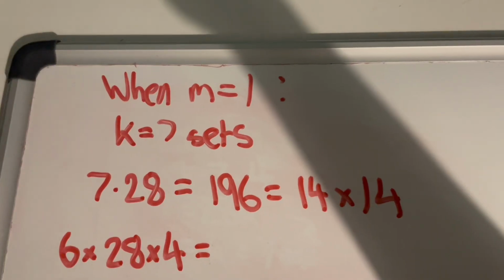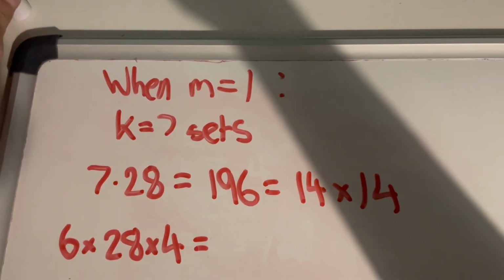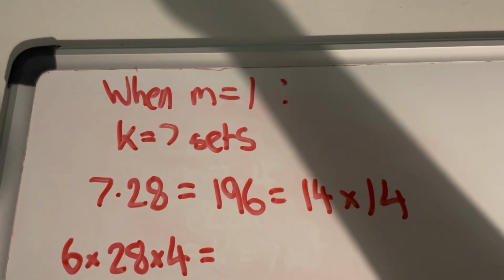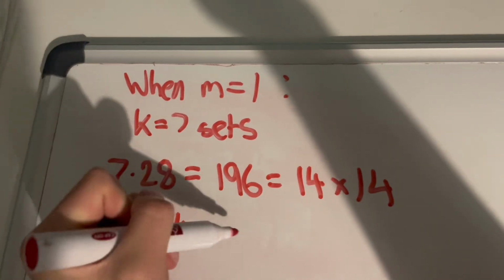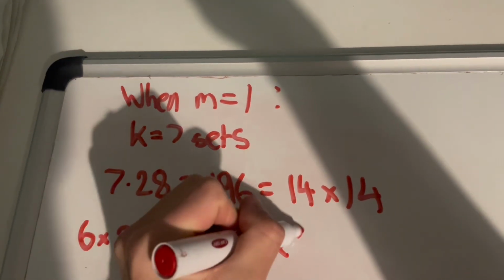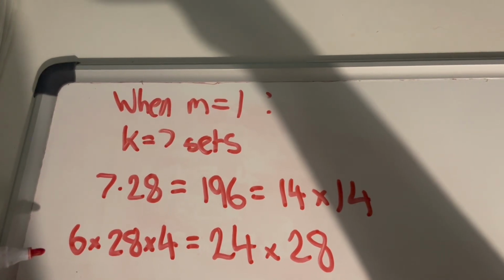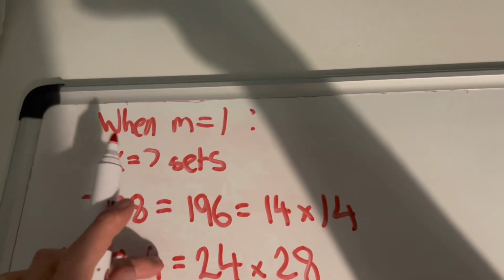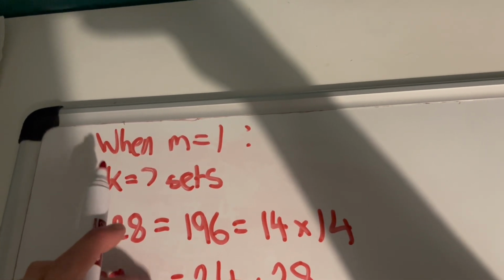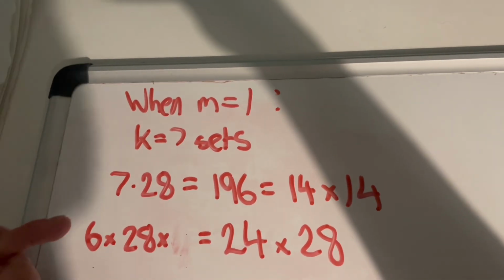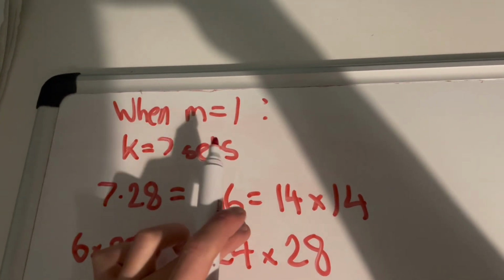If you were to take your 7 sets of those 6 Tetris pieces and place them on the grid, they would cover an equal number of black and white squares, and the total number of squares they would cover would be 6 lots of 28.